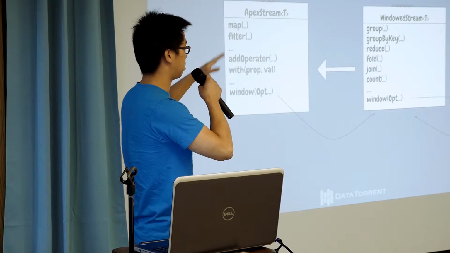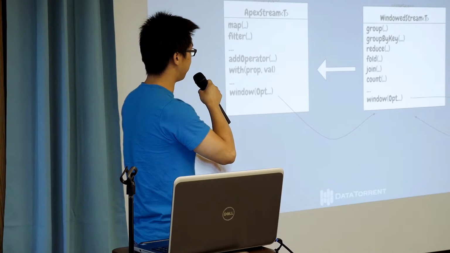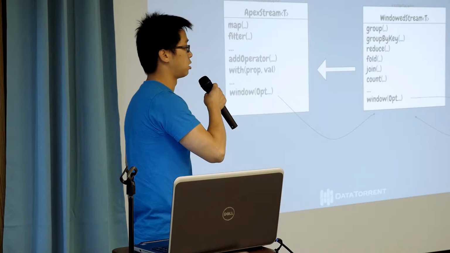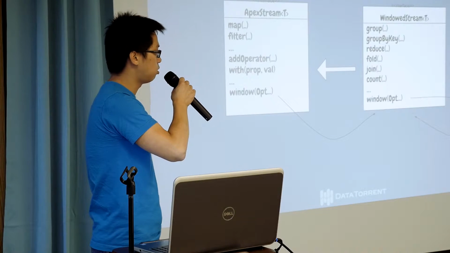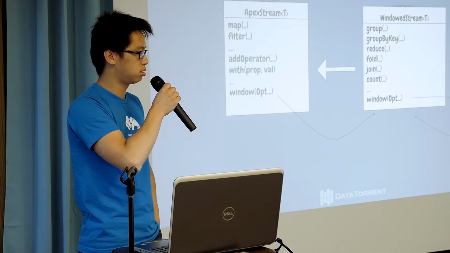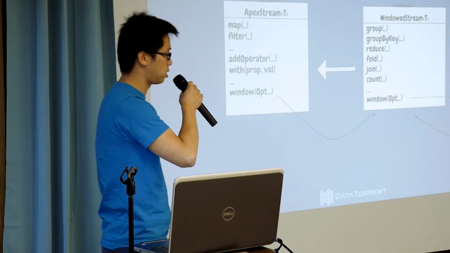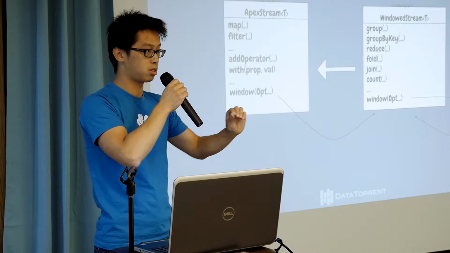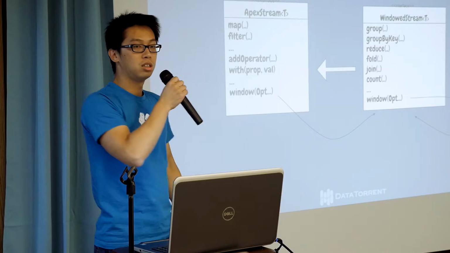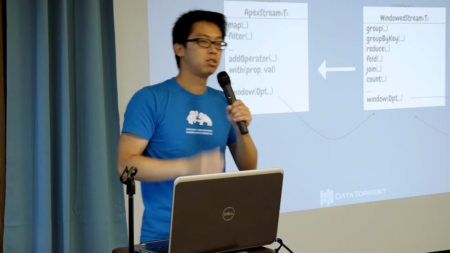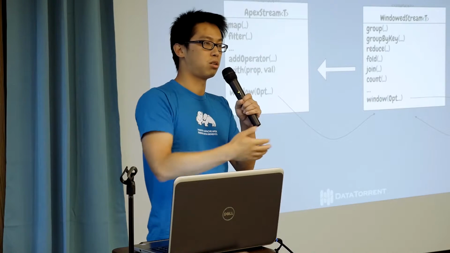So there's always a boundary for those transformations, and also to do this transformation, you need to keep some state. For example, if you do count, you need to keep the partial count to make the operator fault tolerant, right?